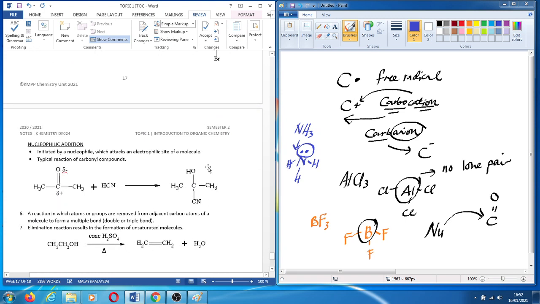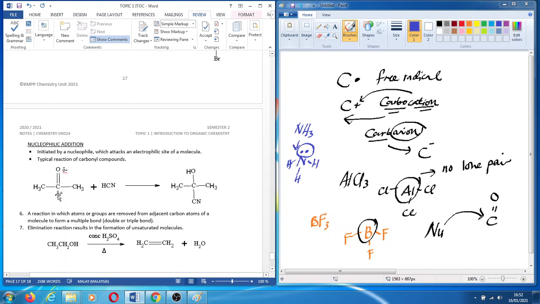And then the last one is nucleophilic addition. Nucleophilic addition is initiated by a nucleophile which attacks an electrophilic site of a molecule. This is your nucleophile. It will attack your C double bond O because this has less electron density. Yang ini kaya dengan elektron, jadi dia akan serang bahagian ini.